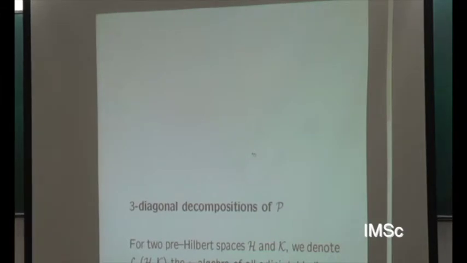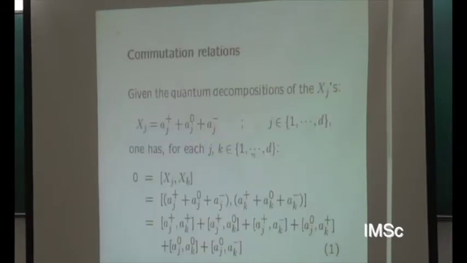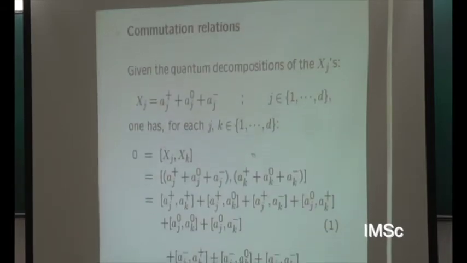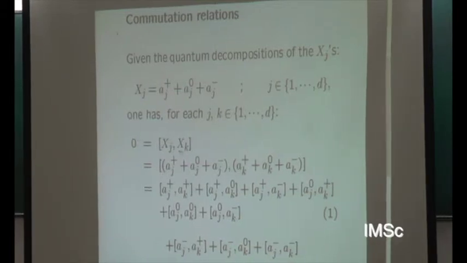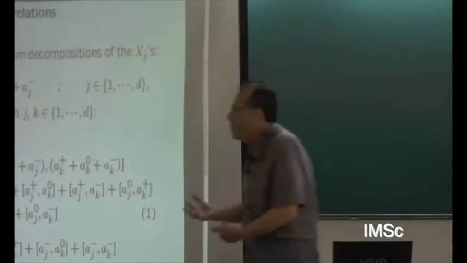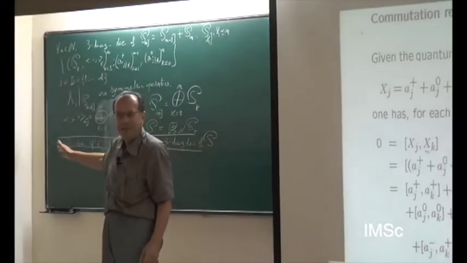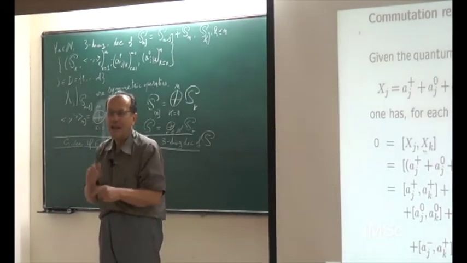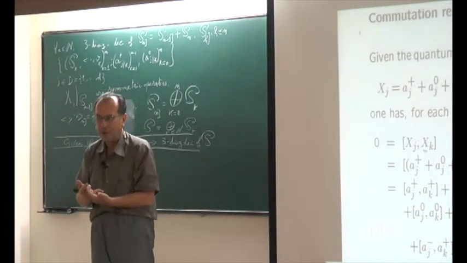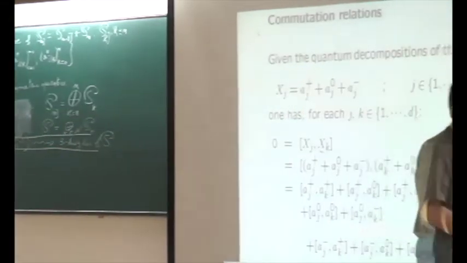So this is why I recalled these relations, because I want to emphasize the fact that they are deduced only from the commutativity of the xj. So in our framework, the xj are given, so they commute. If we have any construction in which the xj commute, and we have the quantum decomposition, this commutation relation will take place.